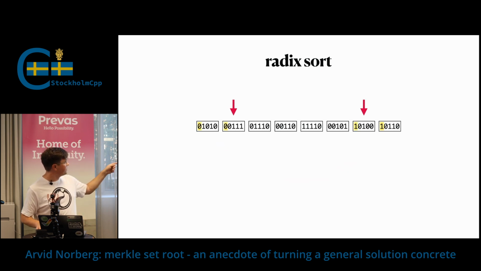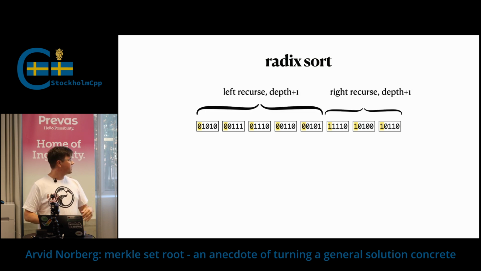Look again, zeros, one. These are correct. Step. That one is wrong. So leave that cursor, move that cursor. Correct. Keep going, and swap those. Now all the zeros are on the left, and all the ones are on the right. That's the first recursion step. Then we can recurse the left tree and recurse the right tree.